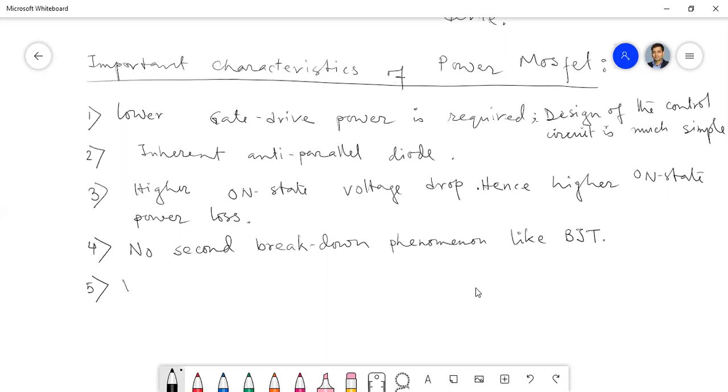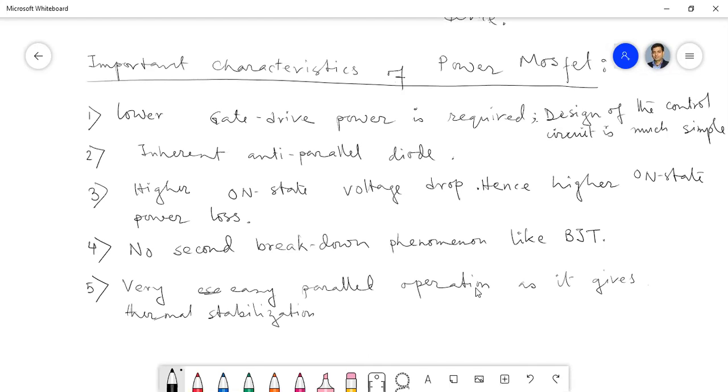Okay, so let me write the point. Very easy parallel operation, as it gives thermal stabilization due to its inherent on-state positive temperature coefficient.